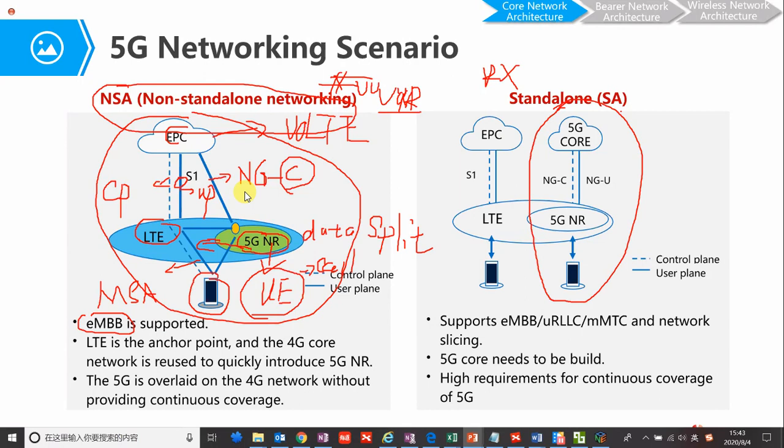This is a 5G networking scenario. SA supports eMBB, URLLC, mMTC, and network slicing. NSA can't support slicing; only SA can. And it has high requirements for continuous coverage of 5G.